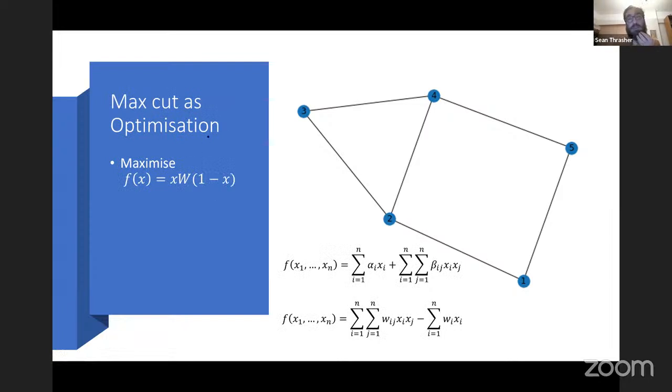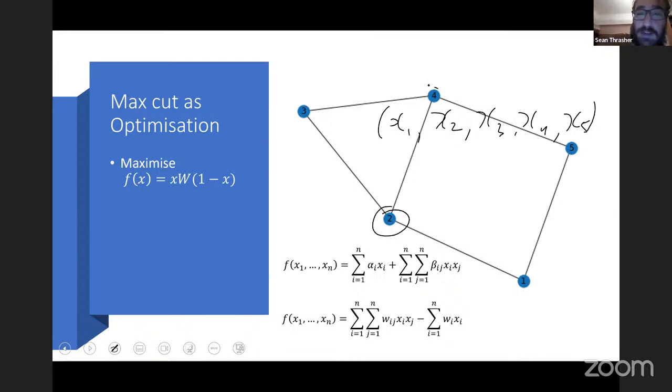So I'm going to introduce the type of optimization problems that we'll be considering, but you can write this problem out as a function on a binary variable. So the idea is I can take this graph and I can represent it as a 5-tuple, a vector with 5 components. Let's say I colored this red and I colored this red.